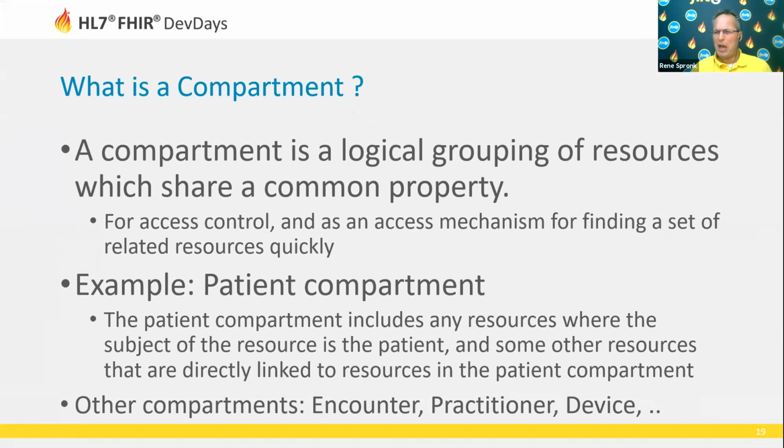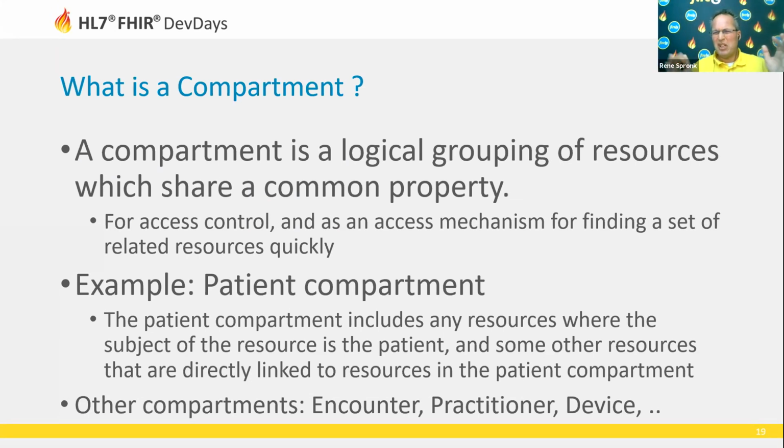So first of all, you may not have come across compartments in FHIR, and compartments in FHIR really serve, well, mainly serve a purpose of access control. It's kind of a logical grouping of a set of resources. And here I gave the example of the patient compartment. So the patient compartment contains everything that's directly associated or related with the patient, and a few other resources that are in turn related to the stuff that's related to the patient.